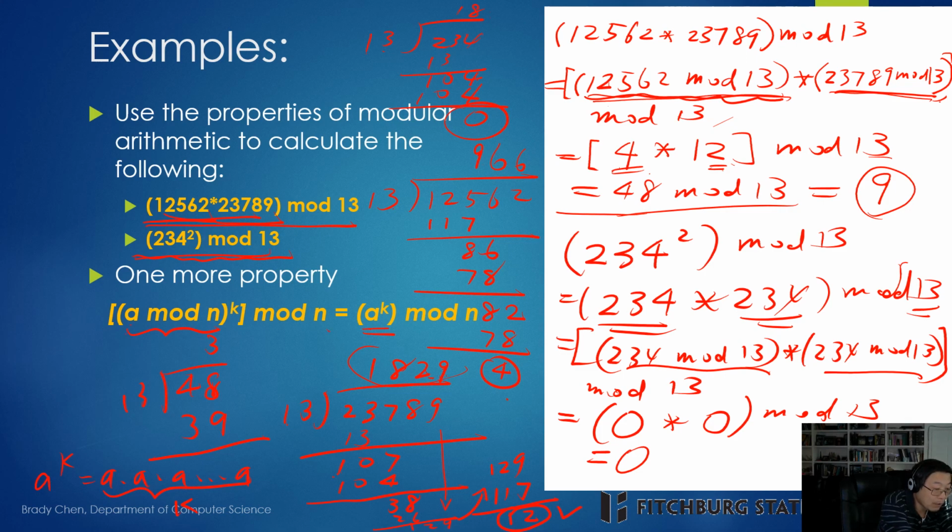Now, what's the advantage of this? Because a mod n should be smaller than n, which mostly should be smaller than a. Okay, definitely smaller than a, right? So this is going to save a lot of work. So this property is very interesting. Instead of actually doing the power a to the k, multiplying a k times, we do the modular first, a mod n, and then multiply a mod n k times.